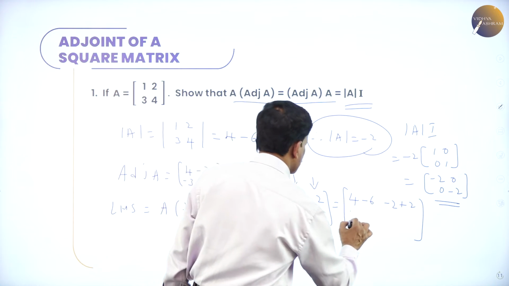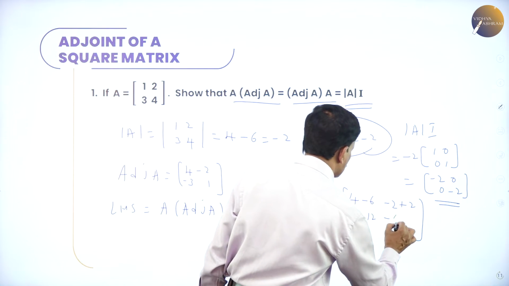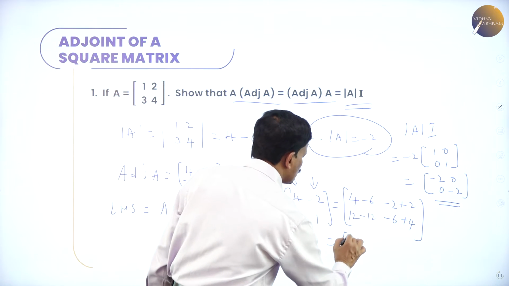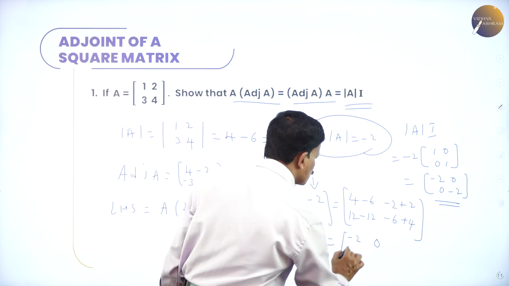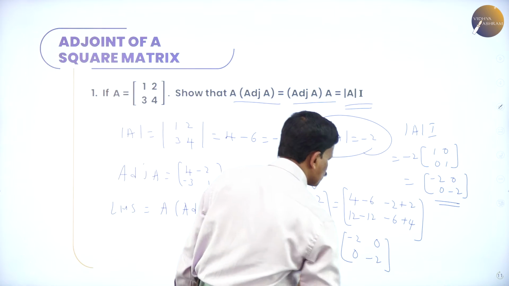Then 3 4s are 12, minus 4 3s are 12. 3 2s are 6, minus 6, plus 4. So, this is equal to 4 minus 6 is minus 2, minus 2 plus 2 is 0, 12 minus 12 is 0, minus 6 plus 4 is minus 2.